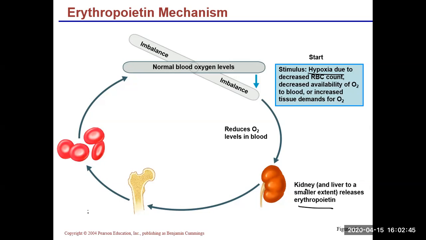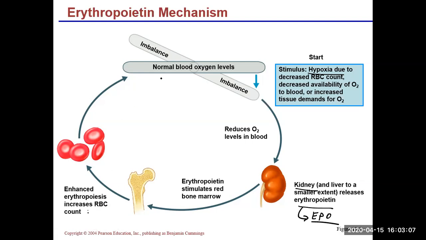Remember, for our case, just remember it as kidney, EPO, the abbreviation for erythropoietin. And now erythropoietin stimulates the red bone marrow, and as a result, erythropoiesis increases the red blood cell count, and you get back to normal. Now you have the ability to increase your oxygen carrying capacity, to carry more oxygen.